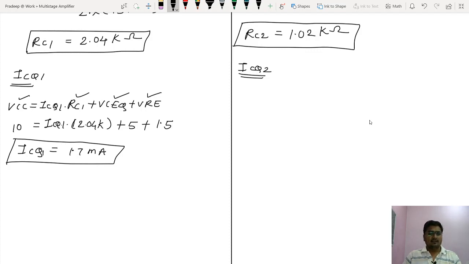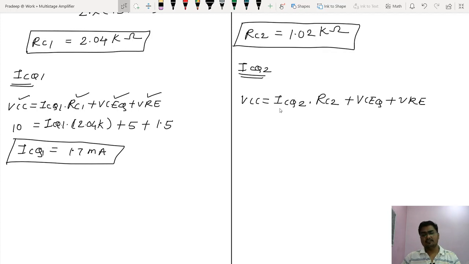Now I can follow the same procedure for ICQ2. In this case, again I have to apply KVL to the second stage. So here I will write ICQ2 multiplied by RC2 plus VCEQ2. I'm not writing 2, I'll just write VCQ and VRE, because VCQ and VRE are the same for both stages. That's the assumption. Now VCC is known, RC2 just calculated, VCQ is known, VRE is known.